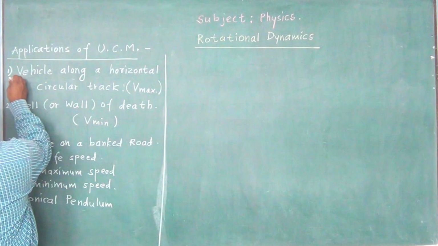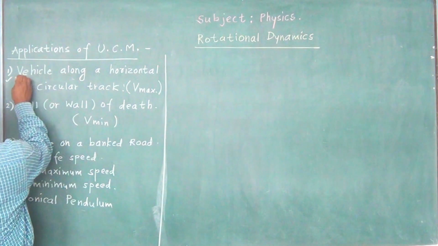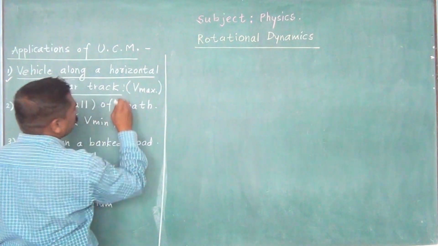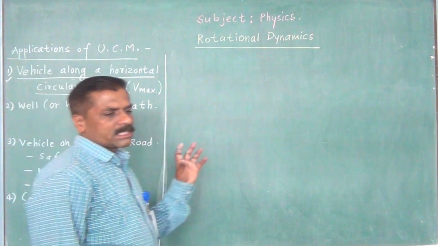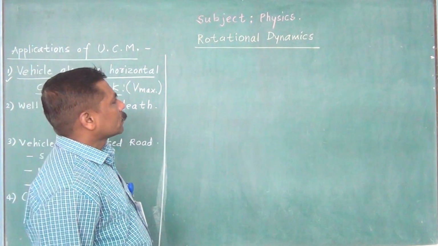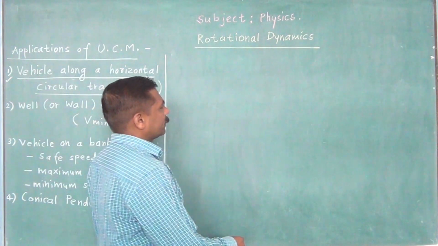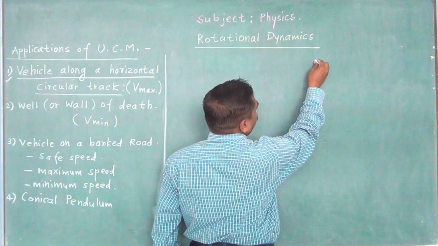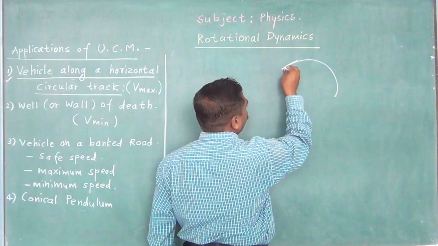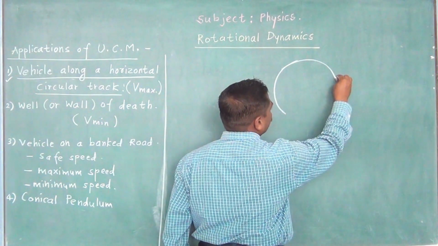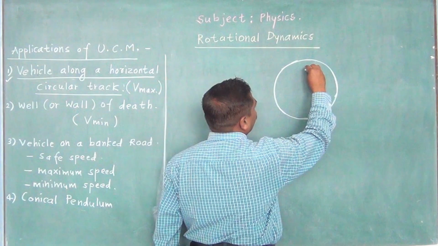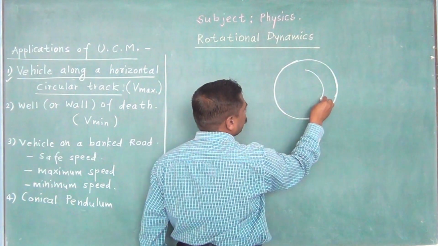So I want to explain the first application, that is a vehicle along the horizontal circular track. For this application, we will form one diagrammatic representation. The diagram is very important. Suppose this is the circular track and the vehicle is moving along this circular track.